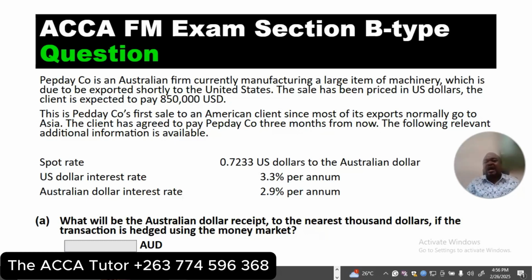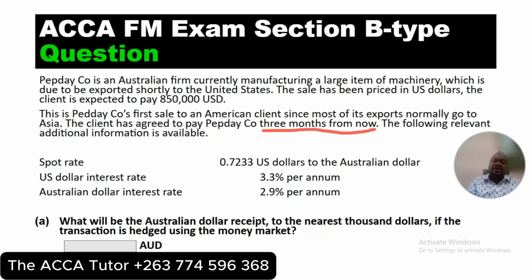The sale has been priced in US dollars. The client is expected to pay $850,000 US dollars. This is Hedge company's first sale to an American client, since most of its exports normally go to Asia. The client has agreed to pay Hedge company 3 months from now. So this is a 3 months expected receipt.